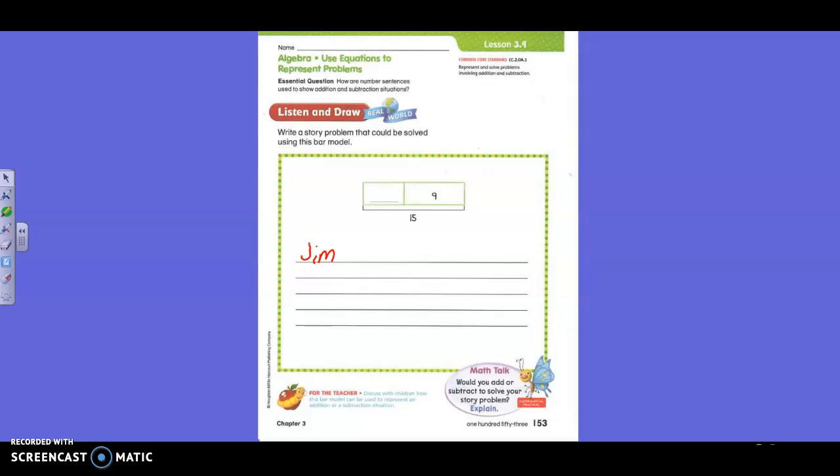Okay, 15 flowers. Jim has 15 flowers. Okay. He has 15 flowers.